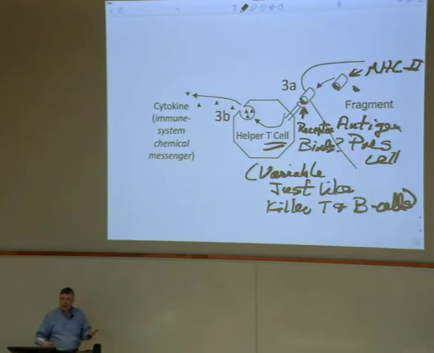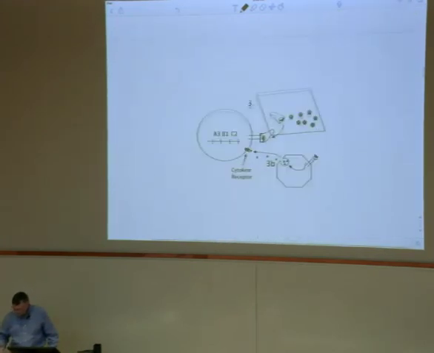Okay, so only some helper Ts are going to be able to bind this. But if they do, then they release cytokines. And of course, that's only going to happen if it's a non-self molecule there. We're going to come back again to why in a moment. So that's one message of an invader.